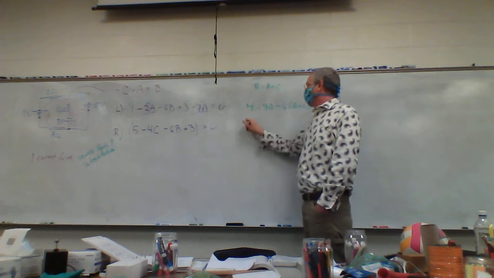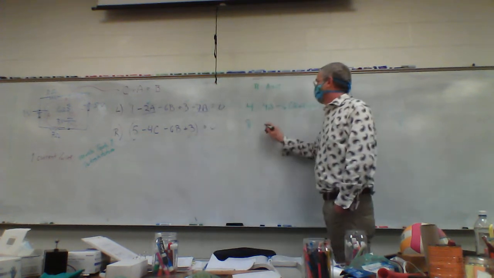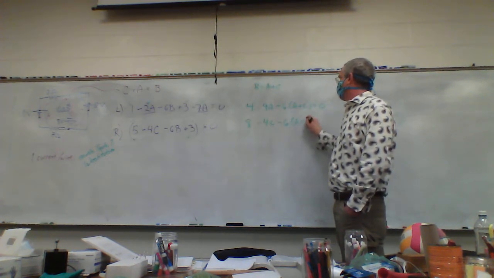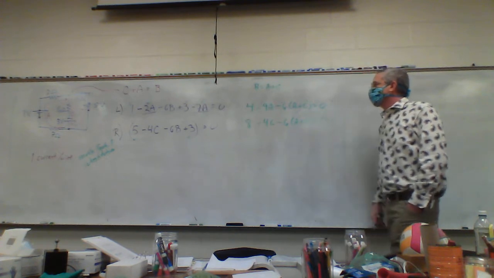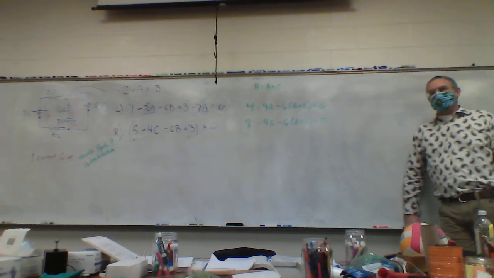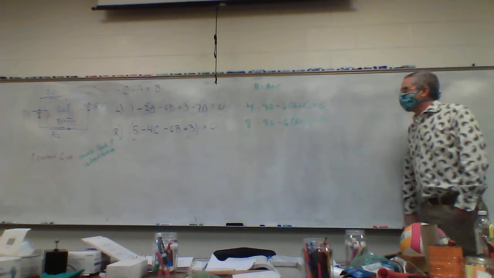My one down here, I have 8 minus 4c minus 6a plus c is equal to 0. So first step, get them in terms of two unknowns instead of three. That's why the first equation is rather convenient doing this.